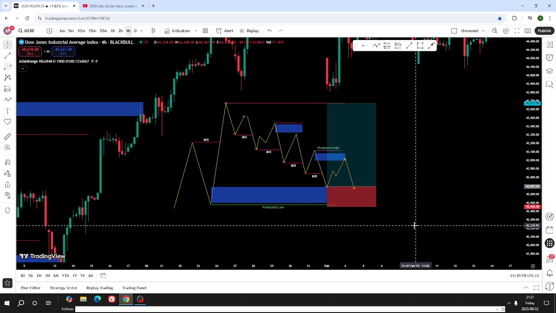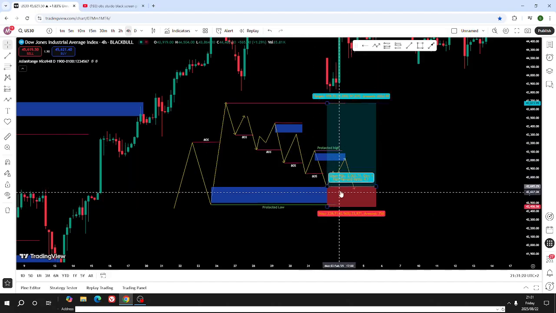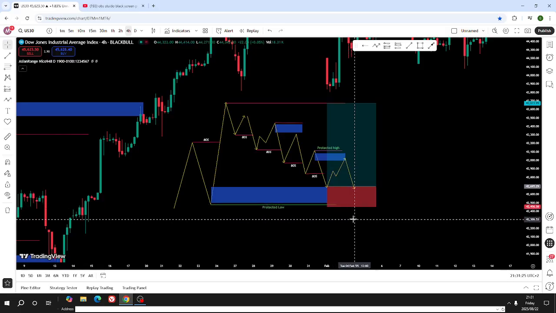So for those who just bought immediately, at this point of time, they are shaking, but they know that on a larger scale, the stop loss below the protected low is safe, right? Even if market can do whatever it does, it should not get below here. But if it gets below here and takes them out, it's okay.